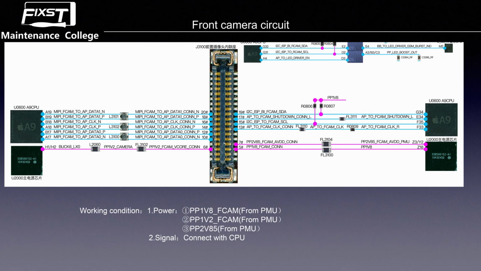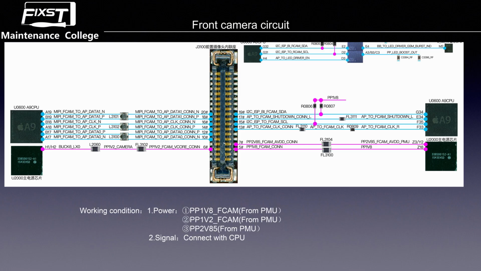iPhone 6s used a 5 million pixel camera as the front camera for face recognition to focus. Normally, we will use this camera when we use the front camera to make a selfie picture or to make a video. And as you know, the FaceTime camera's working condition has two parts. One is power and the second is signal.